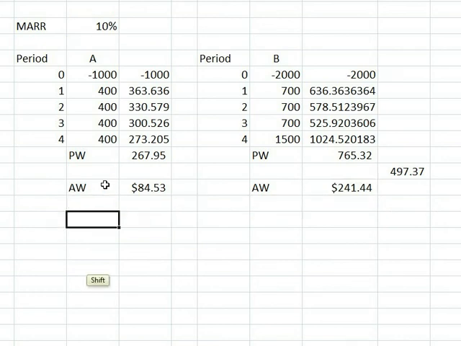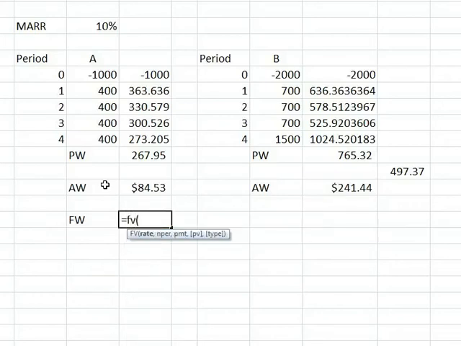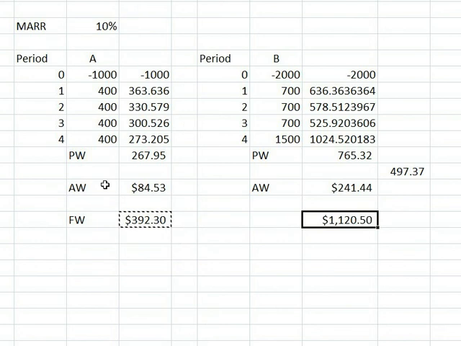And finally, the future worth of project A uses a rate of 10%, number of periods 4, and a payment of 84.53. Similarly, the future worth for project B would be 1,120.50.